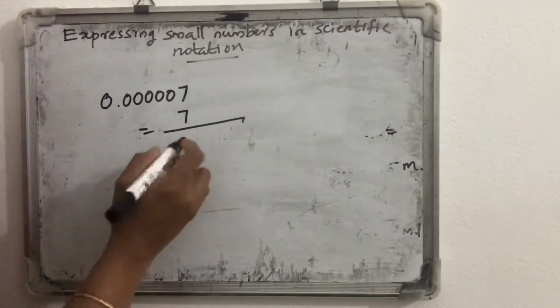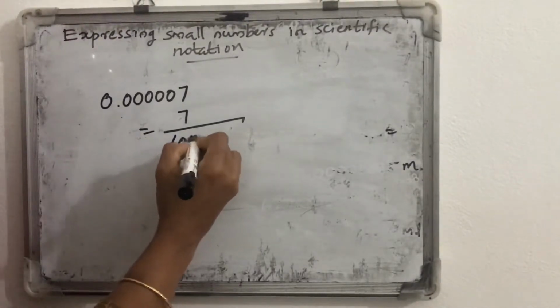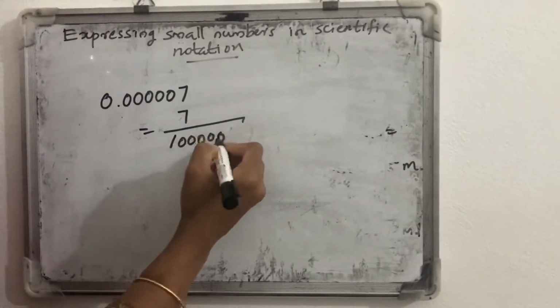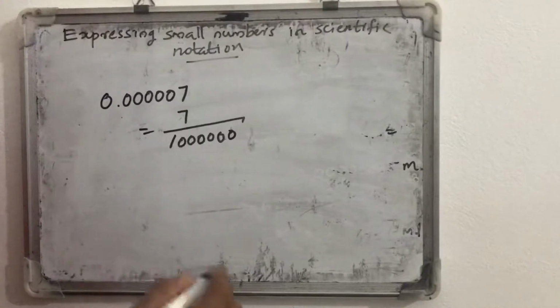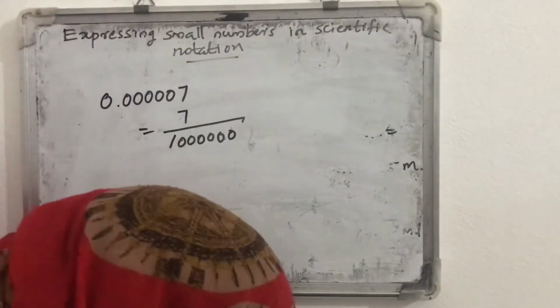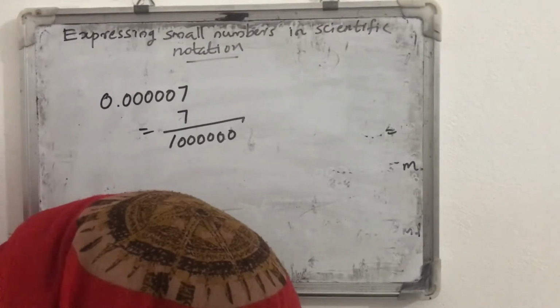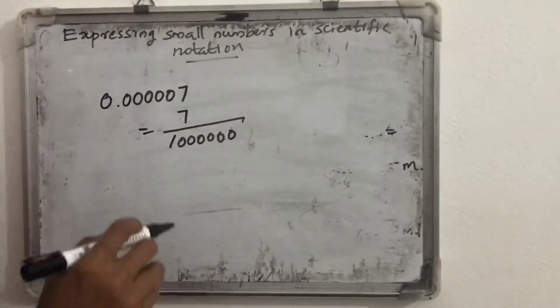So 7 by 10 with 6 zeros, since there are 6 decimal places.